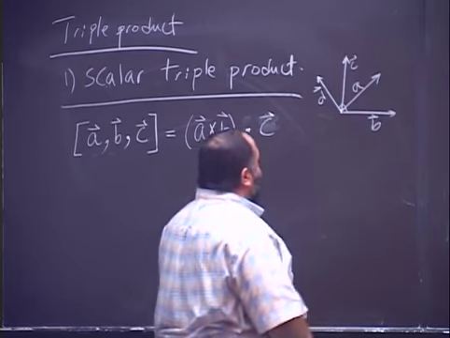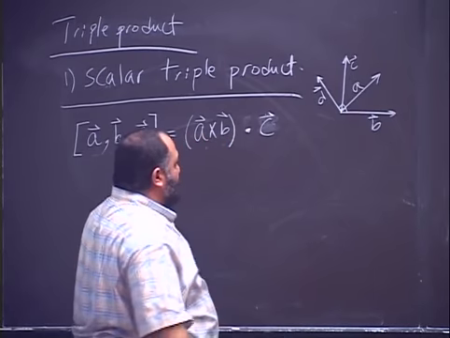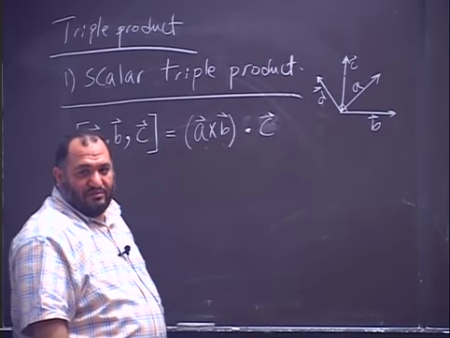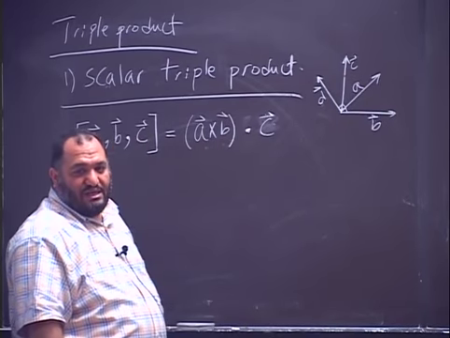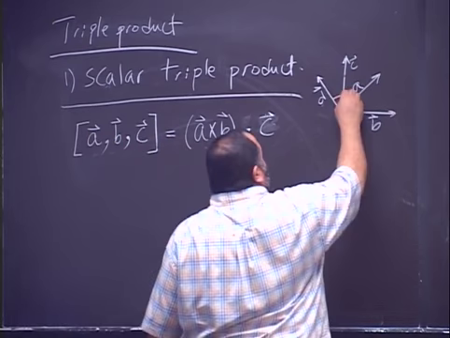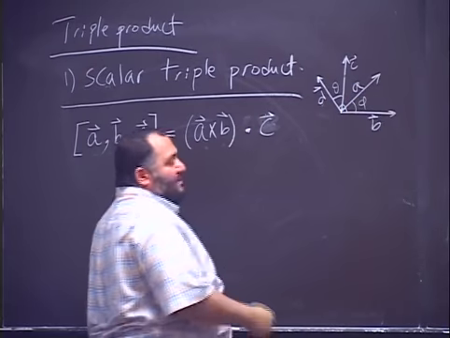So the dot product will be the dot product between D and C, which will be DC cosine of the angle between them. Let's say that this is phi and this is theta.